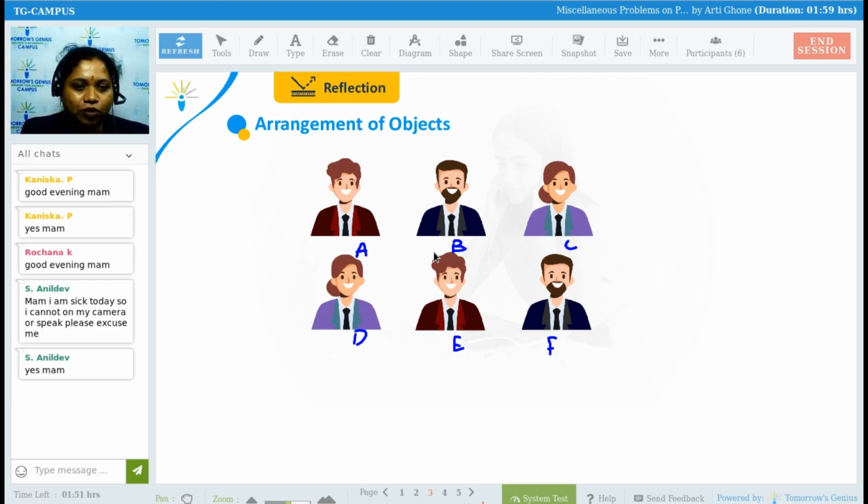So how are we going to arrange this A, B, C, D, E, F in a row or in the class? What will be the arrangement of this?